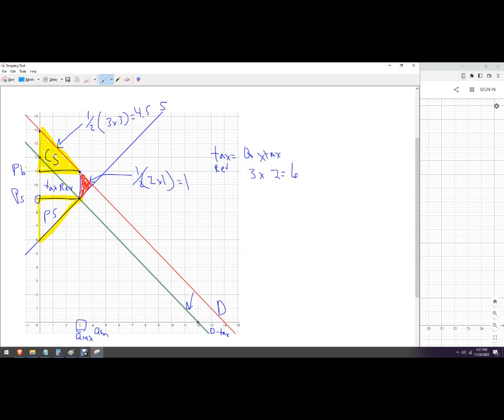Now, an alternative way to calculate the deadweight loss would be to take your original consumer surplus, your original producer surplus, and then find the tax revenue, subtract the tax revenue from both of those, and whatever's left over, the difference between those two numbers is going to be the area of that triangle. So you can also do it that way. I've seen that phrased that way as well.